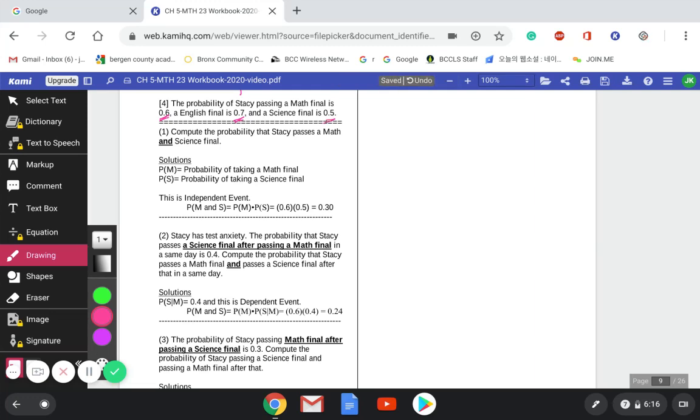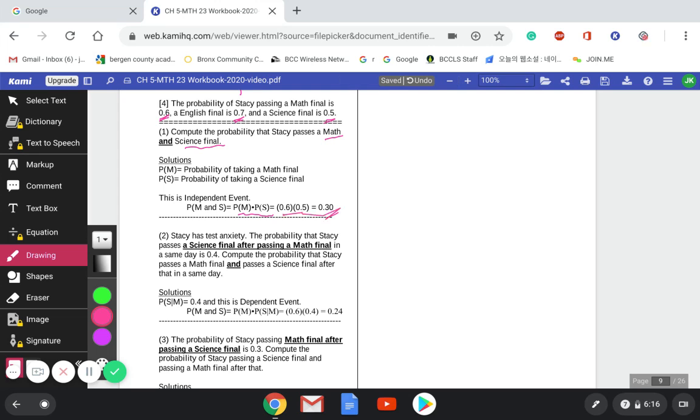Compute, if they are independent events, usually they are, math has nothing to do with science. So what would be the probability Stacy passes the math and science final? In that case it would be 0.6 times 0.5, which is 0.30.